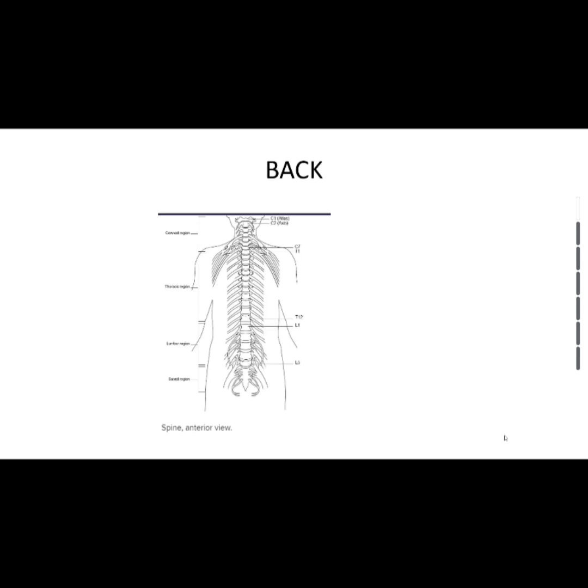Then surface markings of the back, you should be able to have an idea where they are located. If you look at the iliac crest, that is on the ilium, usually it's at the level of around the L4 vertebra. That is the one you will mostly use if you want to put a spinal needle through the lumbar vertebrae.